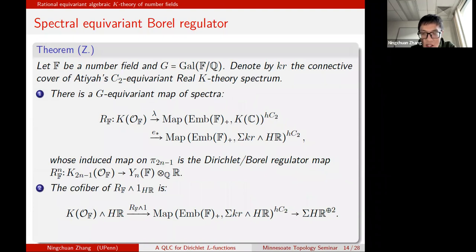So this map can be written down. First of all, any map from K of C to this is equivalent to a real equivariant homology or equivariant cohomology class of K of C, which are the universal regulators. It's basically because rationally, suspension KR is a wedge sum of equivariant Eilenberg spectra.